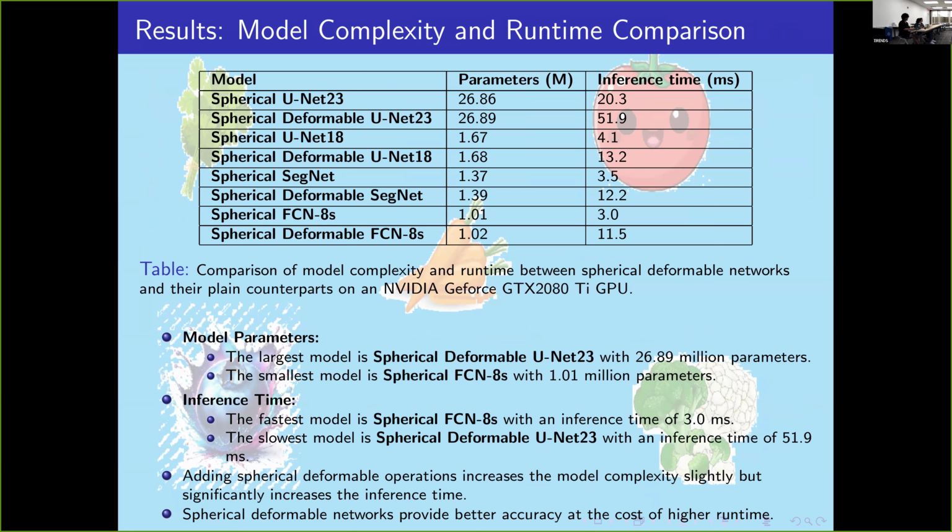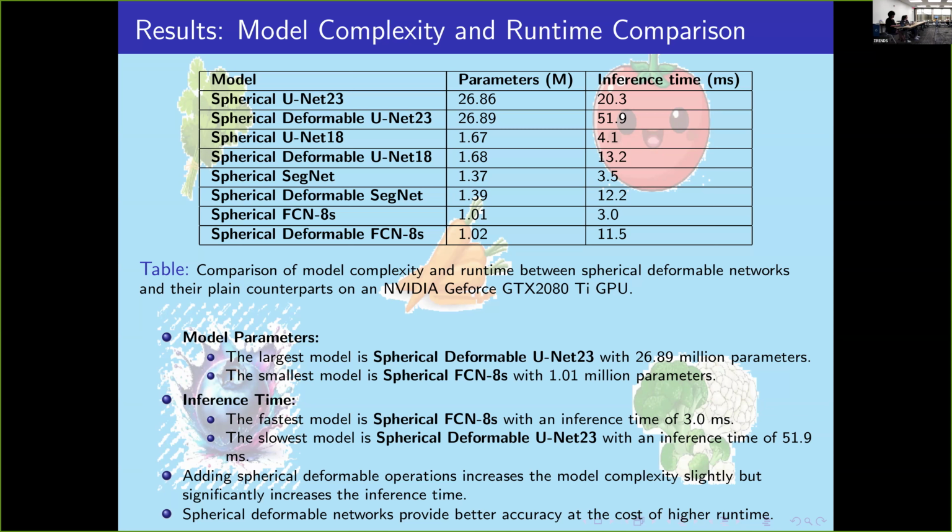So yeah, this is closer to some of the practical stuff that we've wanted to know about most of the architectures, which is the total number of parameters in the architecture and the inference time. So their takeaway was that the spherical deformable operations increase model complexity slightly, but significantly increase the inference time.